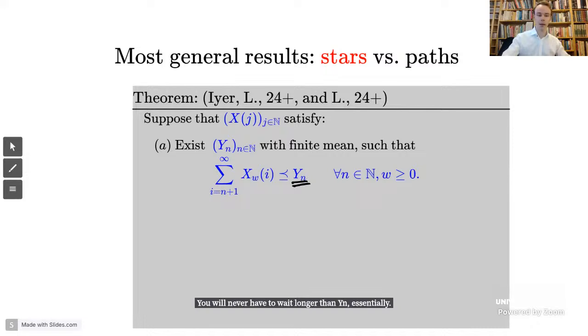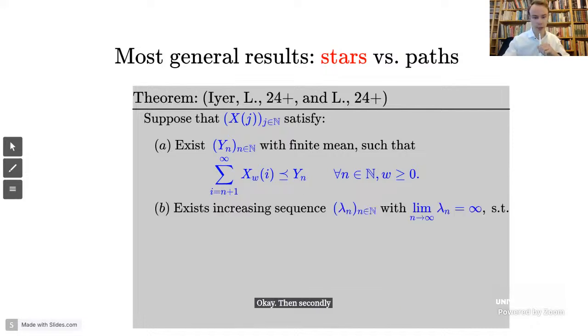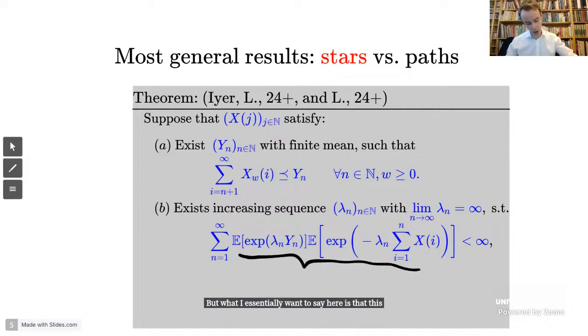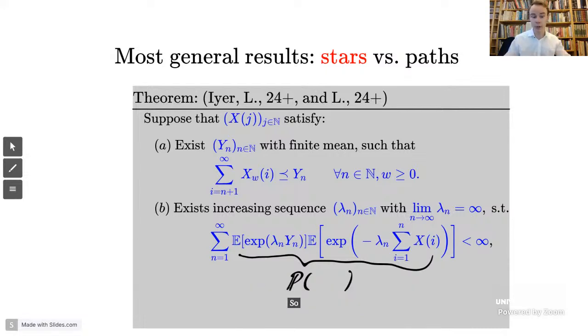Okay. Then secondly, a somewhat scary condition perhaps, there exists some sequence lambda_n that increases and diverges, such that this sum is finite. Let's not think about this too much. What I essentially want to say here is that each term in this sum is the probability of some event, so that Borel-Cantelli tells us that only finitely many of these events will occur almost surely. So what are these events that we are interested in? The event with index n, say E_n, is the event that if you produce children, your nth child will explode before you do.